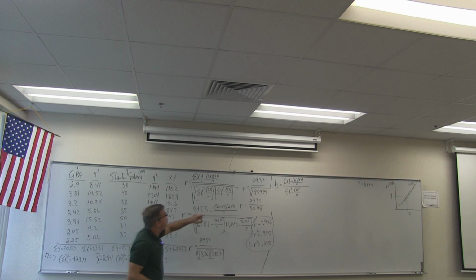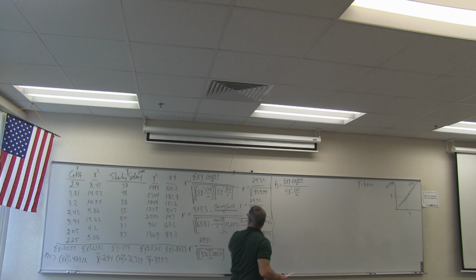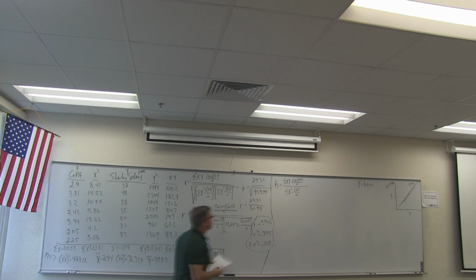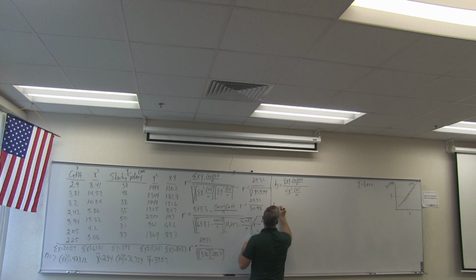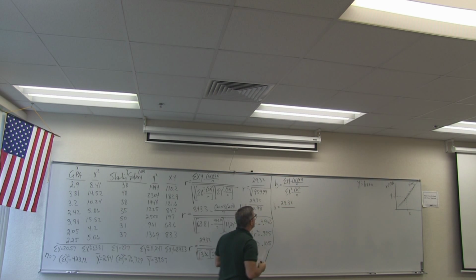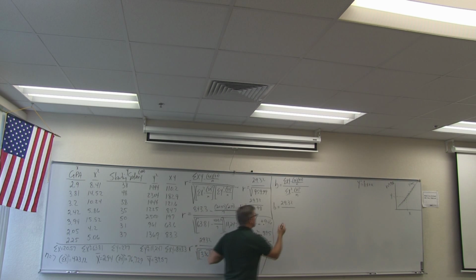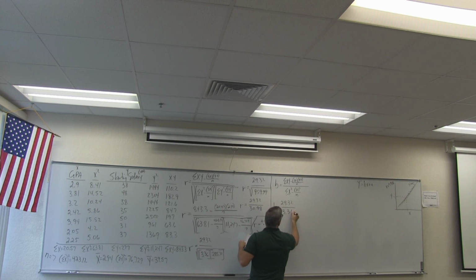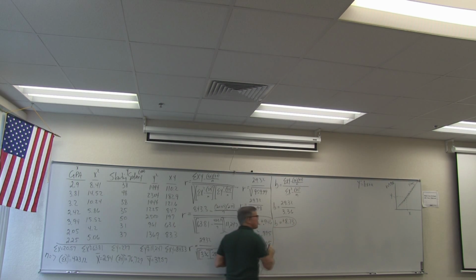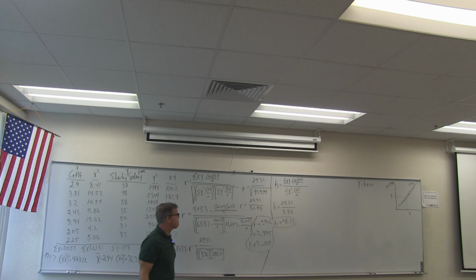The numerator for b, the numerator for Pearson R, we actually computed to be 29.32. And this denominator for b is right here. We computed it to be 3.36. Our slope in this case is 8.73. Okay. Pretty substantial rise over run, if you ask me.